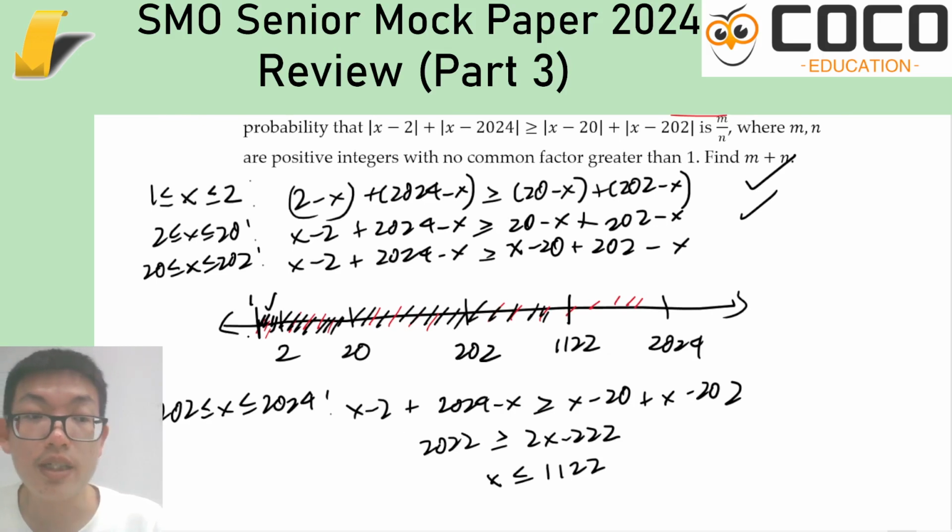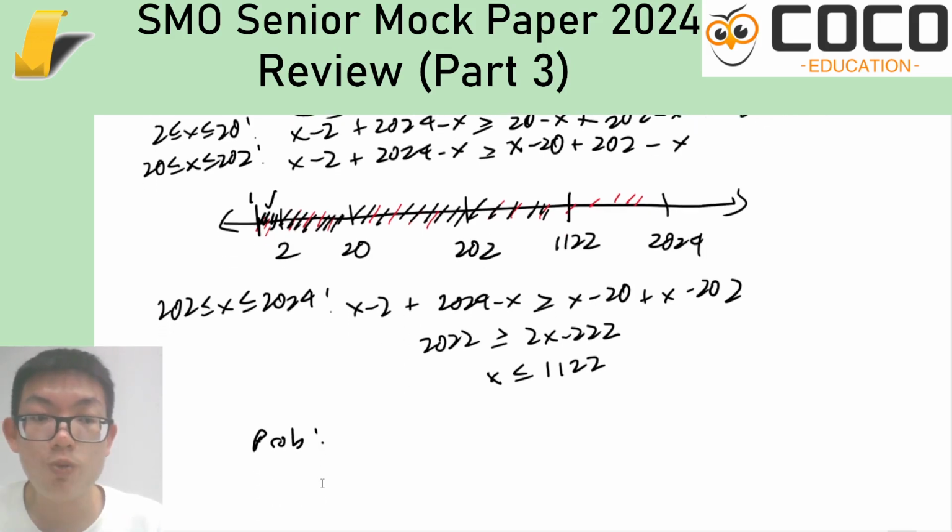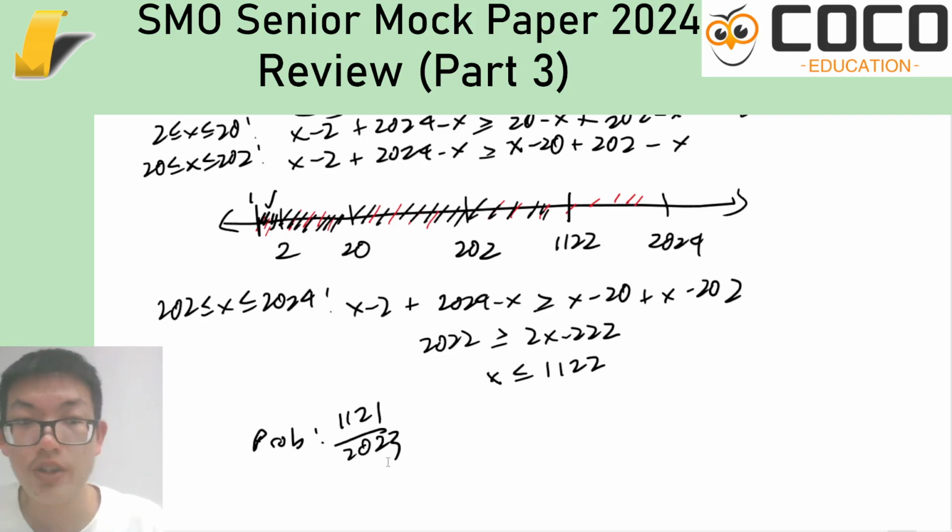That is an interval, not to scale, from 1 to 1122 out of 1 to 2024. So your answer, or rather your probability, is 1121 over 2023, which is where it got a little bit sneaky because of the real number condition.